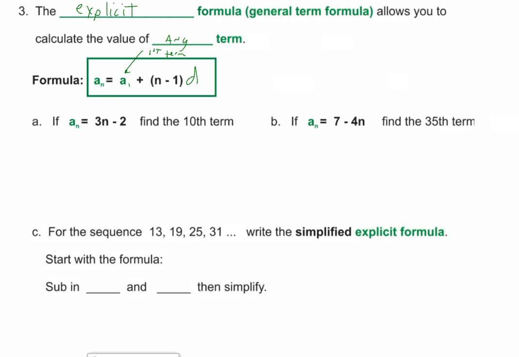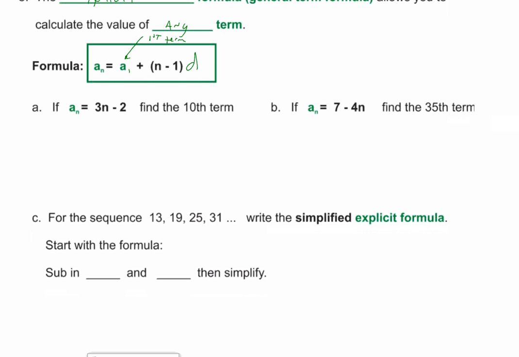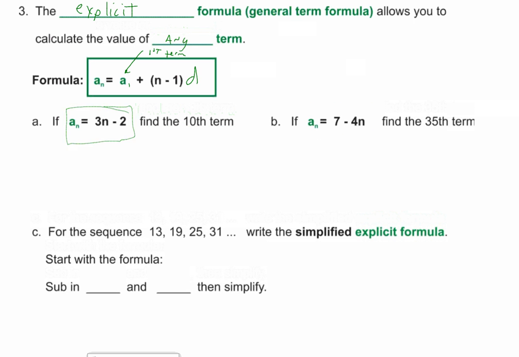All right? Now, there's a simplified version of the explicit formula, and that's what you see, for example, A, and that's what you see, for example, B. These are simplified versions of the explicit formula. So it is the explicit formula, and it's going to allow us to figure out any term.